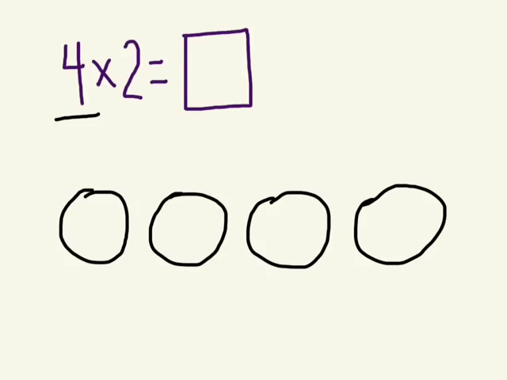The second number is how many are in each group. So I see 2. So I am going to put 2 small circles or dots inside of each group.